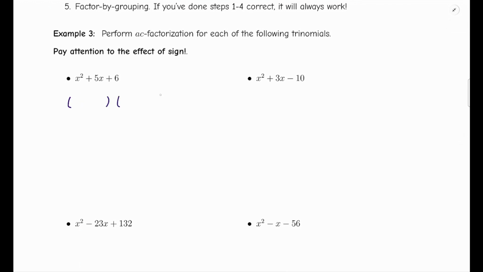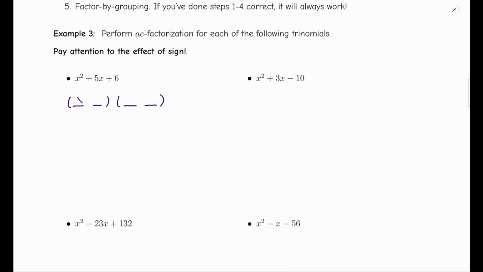I'm going to guess that it factors into two binomials. And what I know about these two binomials is that the first two terms must multiply to the first term of my trinomial, and the second two terms must multiply to the last term of my trinomial. So, what times what is x squared?